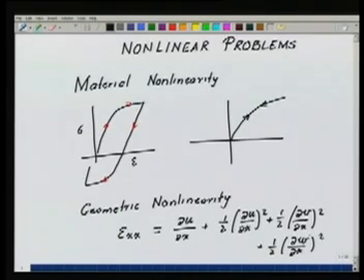So, we may have various sources of nonlinearity. We could have lossy material. Any material which dissipates energy in its response will lead to a nonlinear problem.